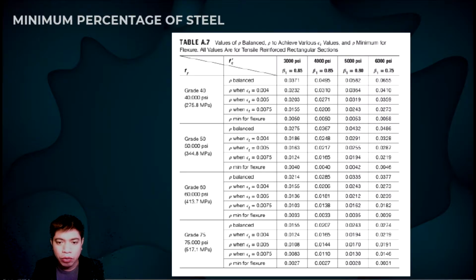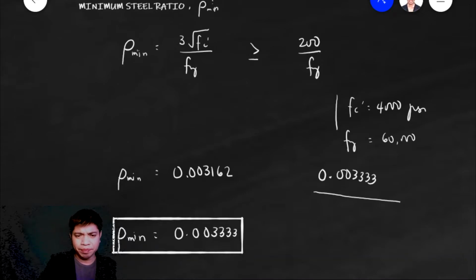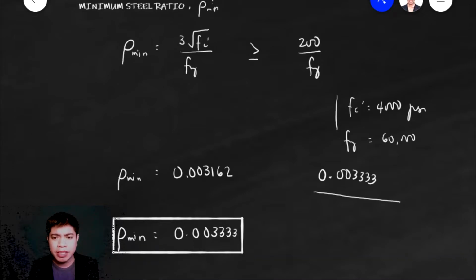So tama yung ating naging result kanina guys, kasi 0.0333 yung ating answer. Sa table kasi, dalawa lang yung significant figures.